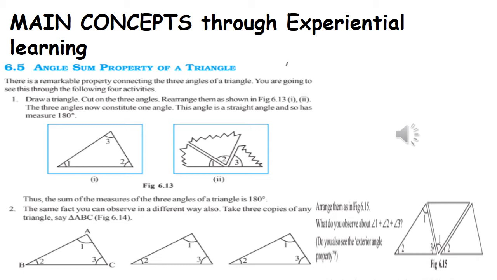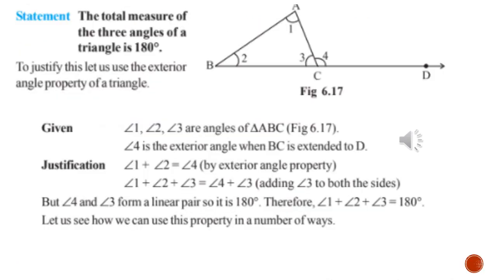Now, what will be the measurement of angle 1, 2 and 3 at the middle? Here also we are getting one straight angle. So, either of the way we can prove that angle sum property of a triangle, that is the interior angle sums up to 180 degree in a triangle.